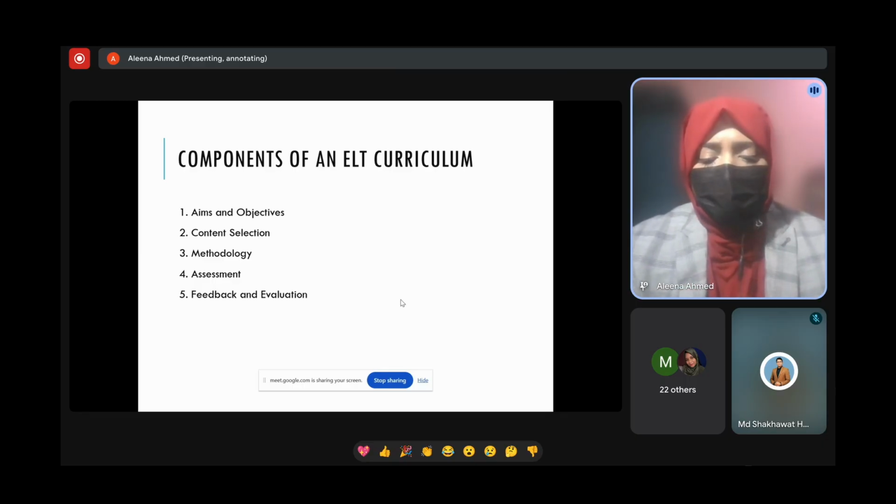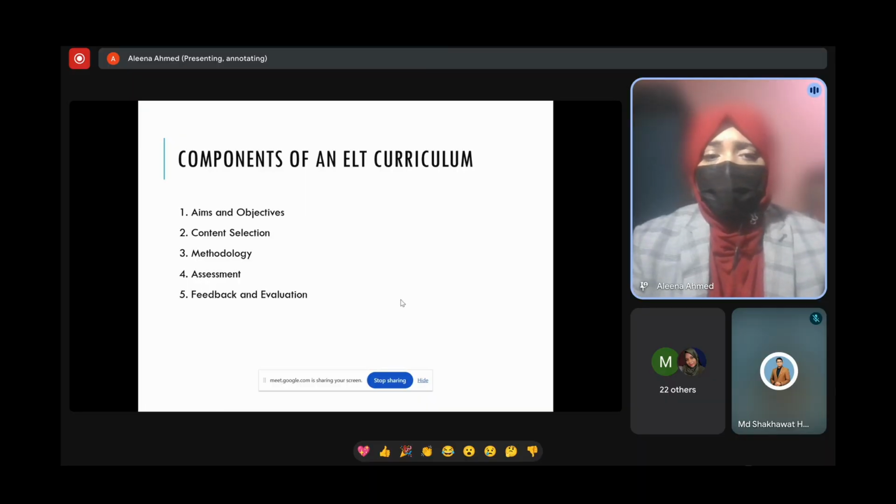So if we want to make our learners not followers but innovators or creators, we have to design a curriculum that fosters innovation and creation, right?